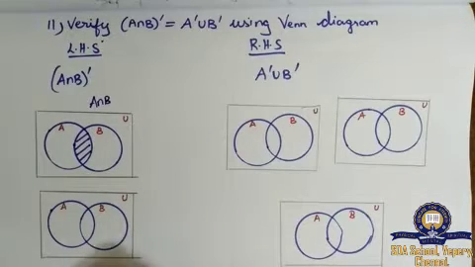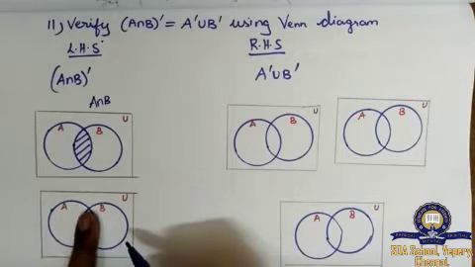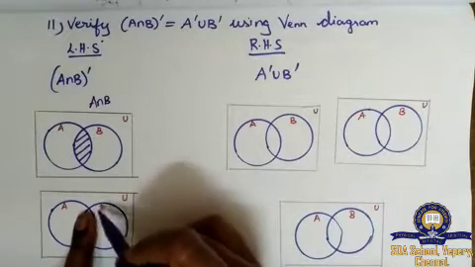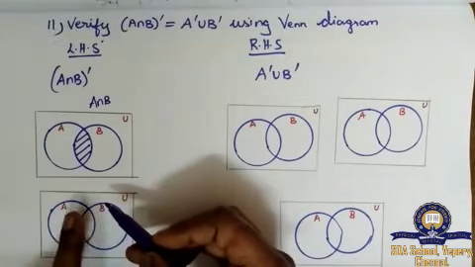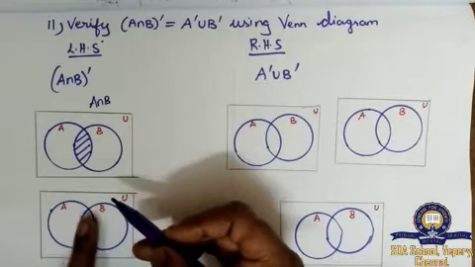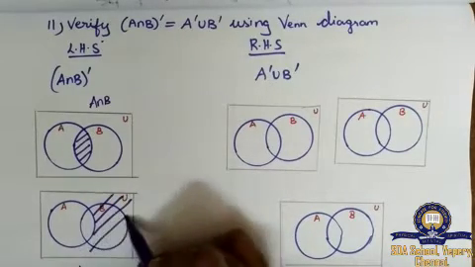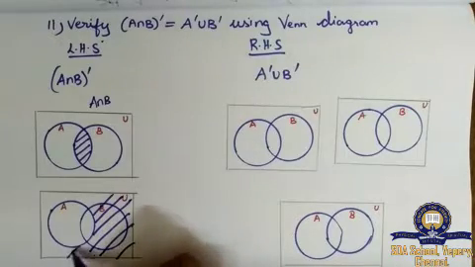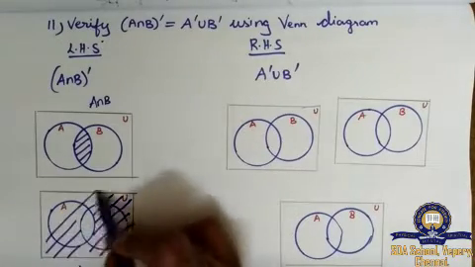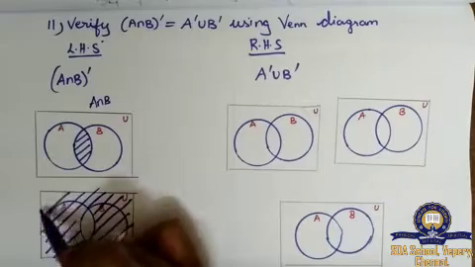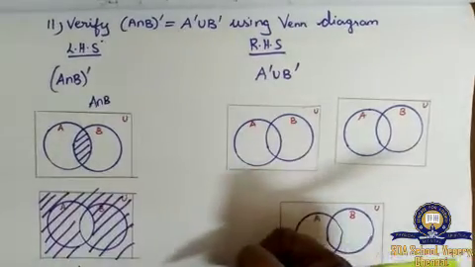Then A intersection B the whole dash means U minus A intersection B. We have to leave this part, this I part, it looks like an I, and we have to shade the other part. This is A intersection B the whole dash.